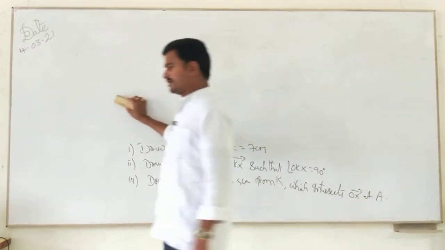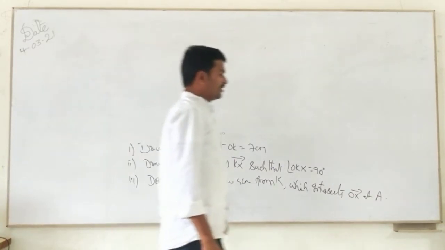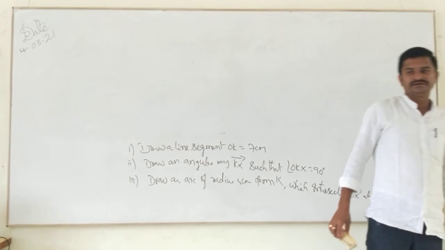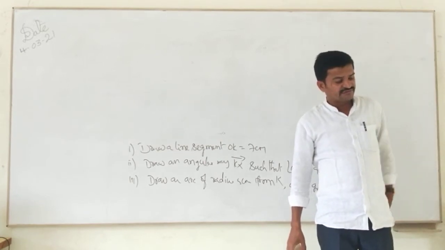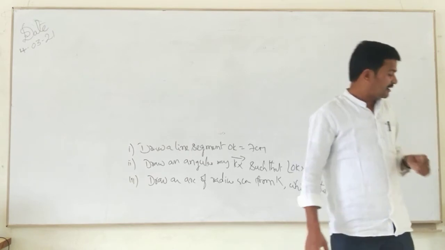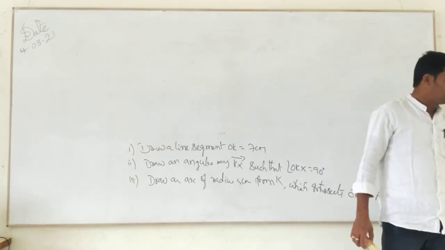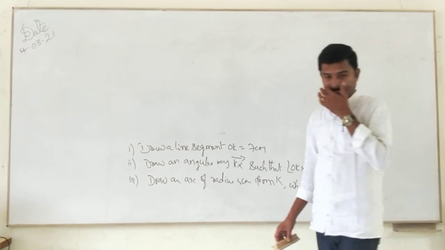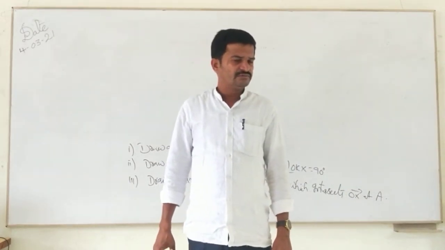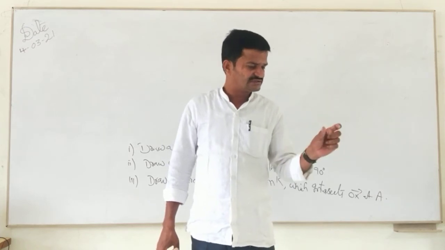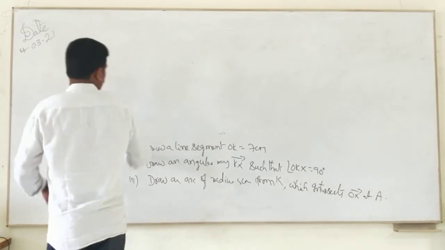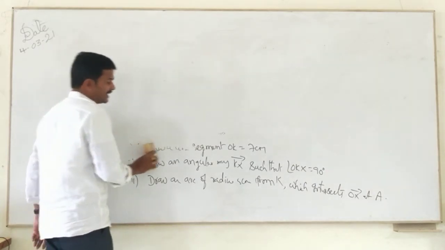Construction of a quadrilateral when 3 of its sides and 2 included angles are given.